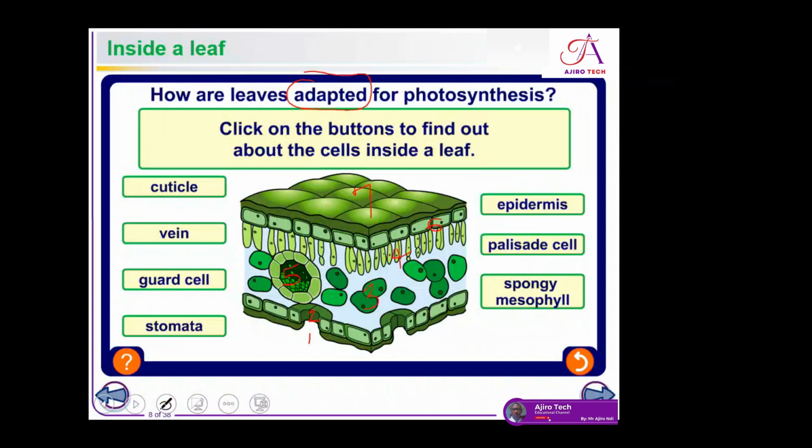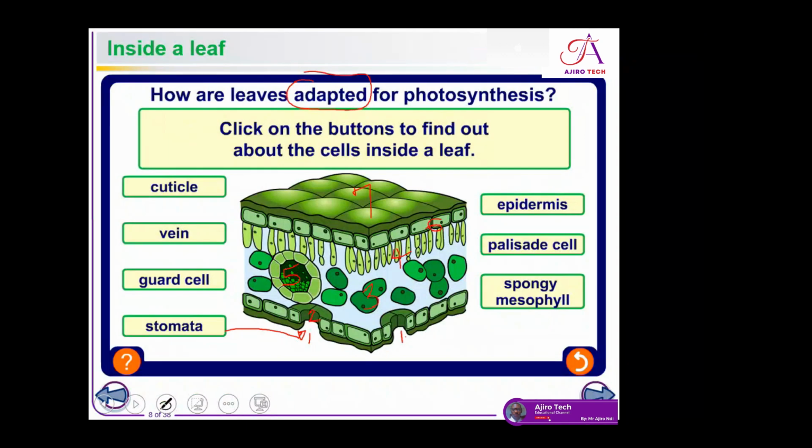One is the stomata. Okay, where is two? Actually, no. One is the lower epidermis. Then two is the stomata.